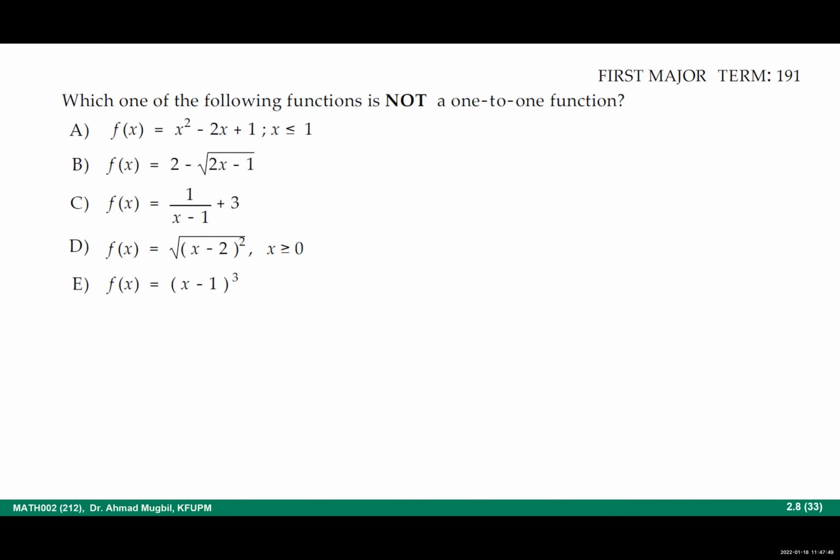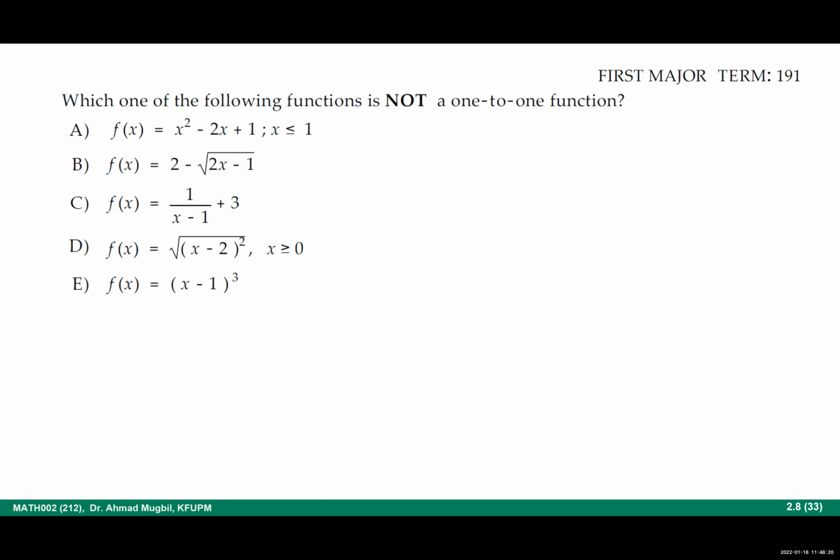It means that we have 4 one-to-one functions and only one that is not. How to know? What is the strategy of solution? Yes. By graphing, and you see the decreasing or the increasing part.